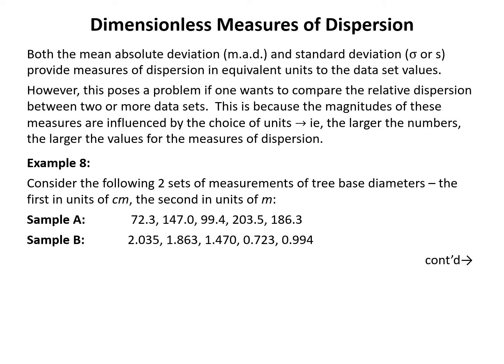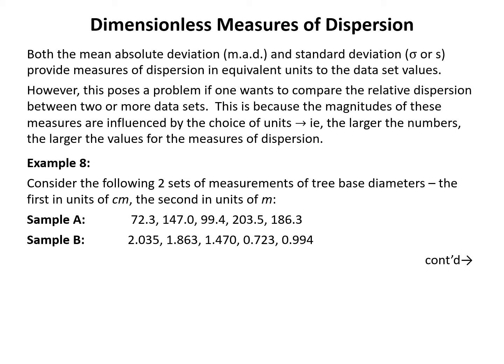Now we turn our attention to dimensionless measures of dispersion. Both the mean absolute deviation, MAD, and standard deviation, whether it's sigma or S, provide measures of dispersion in equivalent units to the dataset values, which is a good thing because it makes it straightforward to understand the meaning of those measures.